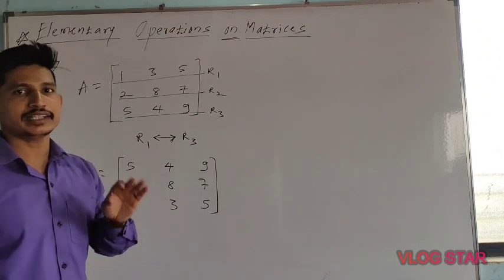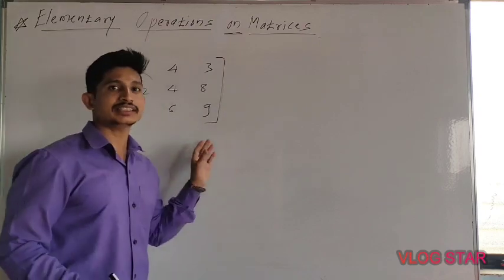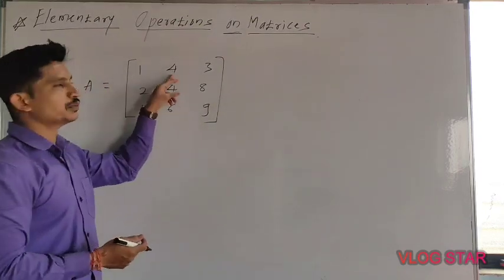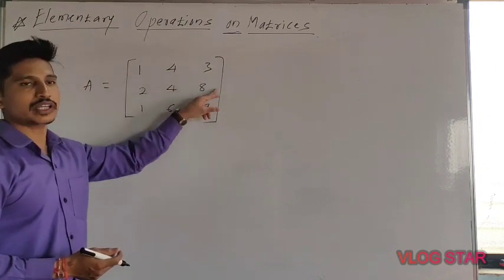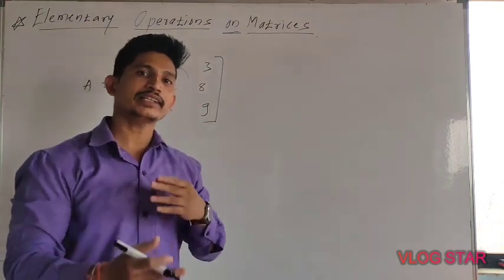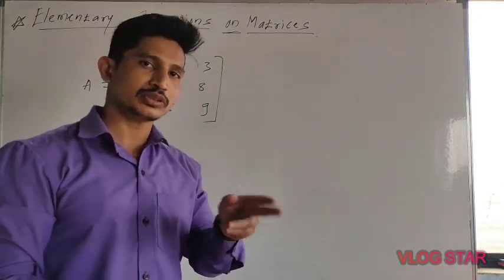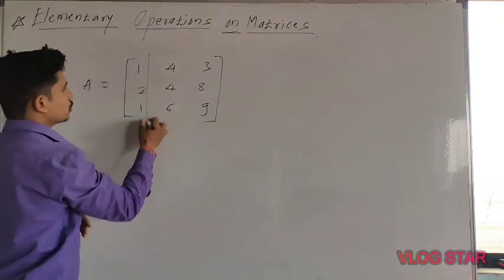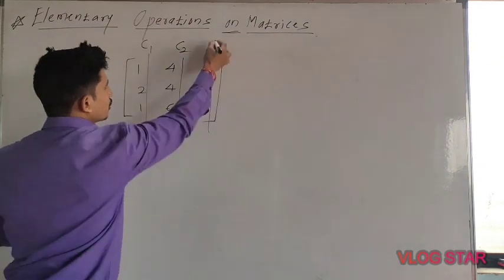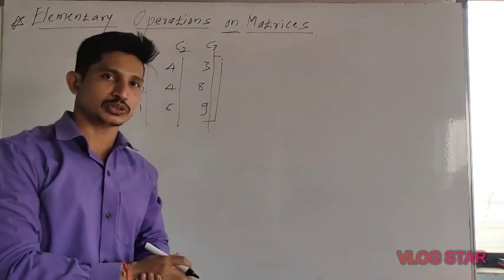The same way we can interchange column-wise also. See this example now. A is written here as 1 4 3, 2 4 8, 1 6 9. As I told you, we can interchange any two rows, and suppose this is column 1, column 2 and column 3, we can interchange any two columns also.